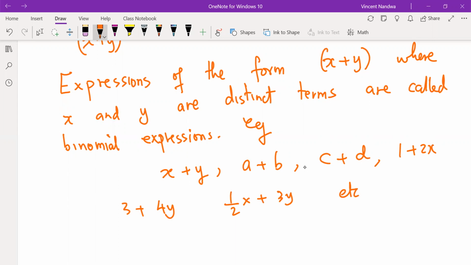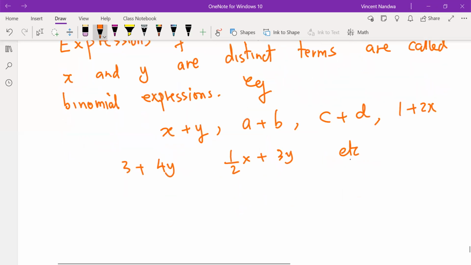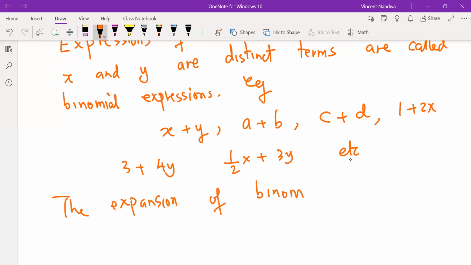So simply, if we have an expression which involves summation of two terms, it's called a binomial expression. The expansion of a binomial expression is what is called binomial expansion.